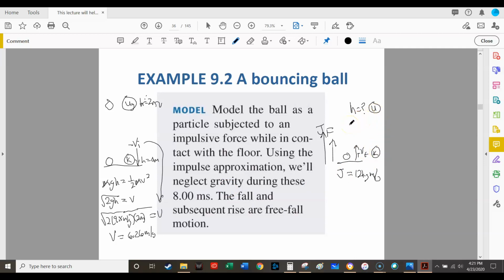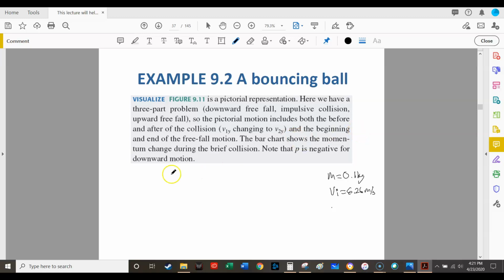Okay? So let's go ahead and let's model the impact, right? So the impact, again, the ball is going to have a negative initial velocity, right?